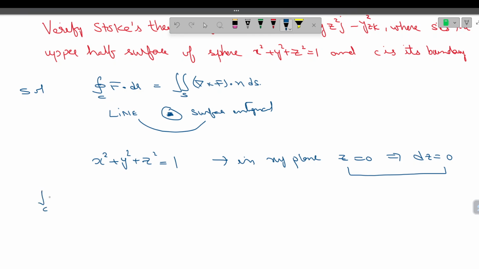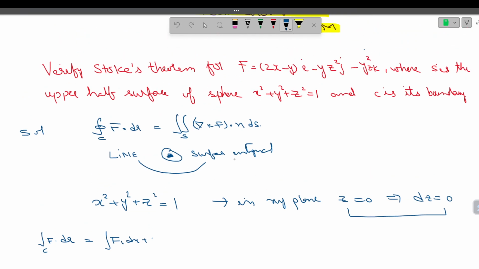Integration taken over the closed curve C of f dot dr. Let me write it down like this. f dot dr. What is our f? 2x minus y i minus y z square j minus y square z k.